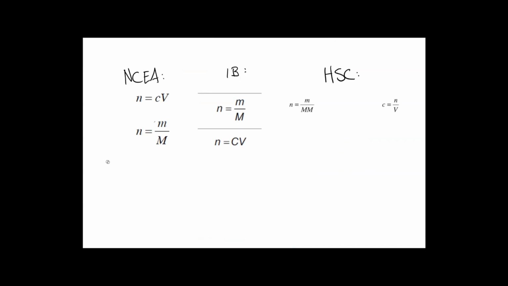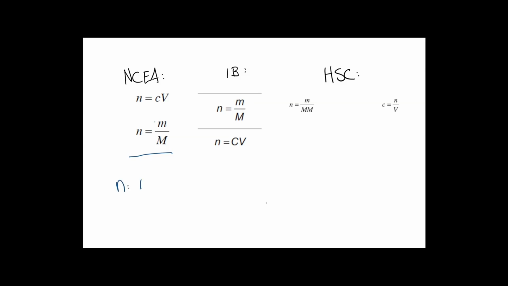Okay, so let's break down what we are going to be using for our equations this time out. I'm going to be using the NCEA versions purely because the students that I have are doing NCEA, so some of them do International Baccalaureate, but we're going to be using NCEA. Okay, n.